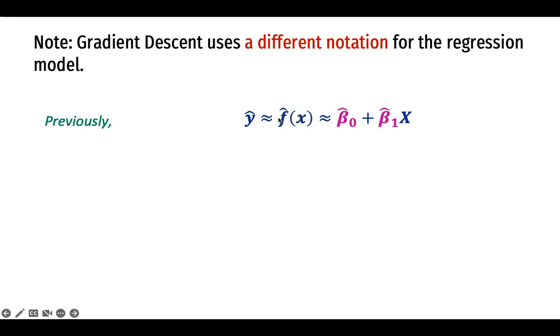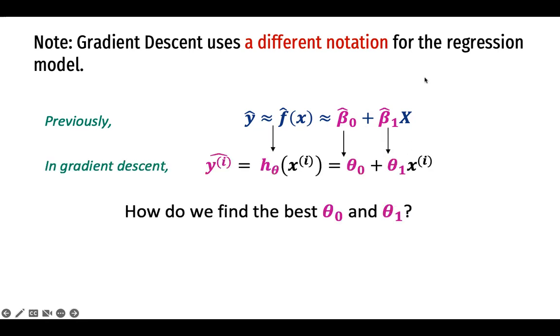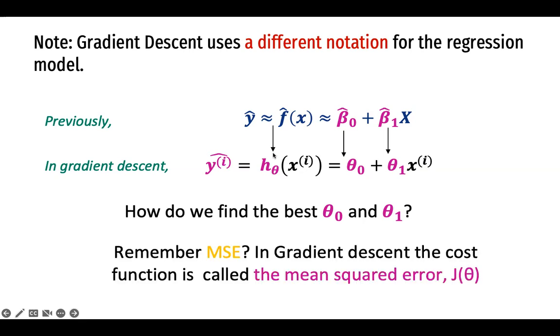Note that gradient descent has a different notation for the regression model. Previously, we have this line y equals beta naught plus beta 1x. In gradient descent, we use a different notation. Instead of beta, we use theta, and instead of f hat, we use h. Remember the MSE. In the previous examples, our problem was to get beta naught and beta 1.